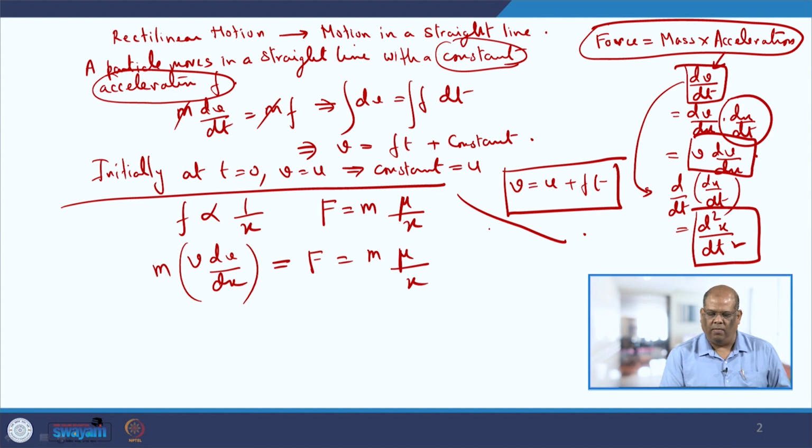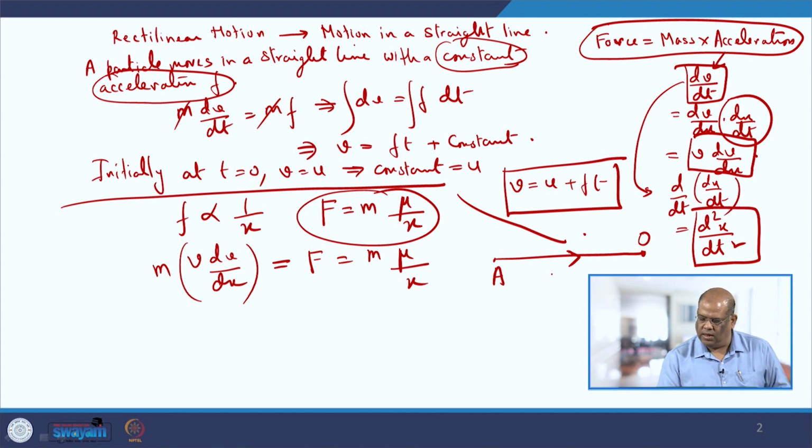So, we state the problem like this, that a particle moves in a straight line with an acceleration which varies as 1 by x, or with a force m mu by x in a straight line towards a point O. So, it starts from A and it is moving towards O. Let this distance OA be A, and P be the position of the particle at any time t such that OP is equal to x.